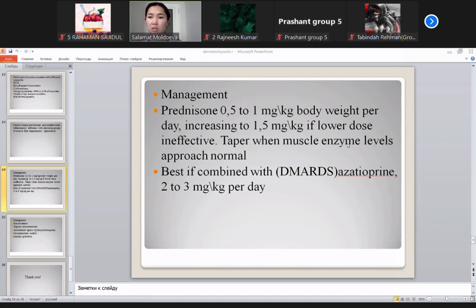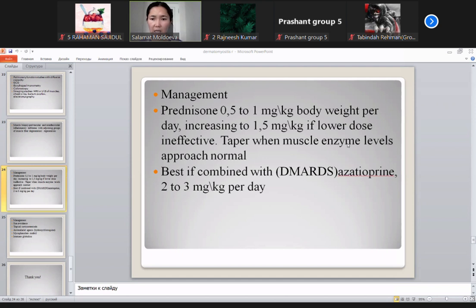And next, as usual, we will give corticosteroid, and I always say 1 mg per kg. No problem if it is 0.5, no problem. Usually we give 1 mg. In patients with dermatomyositis, we can increase to 1.5 mg if 1 mg per kg is not effective. We give it until muscle enzymes are normal, but the maximal dose is 60, again I repeat.